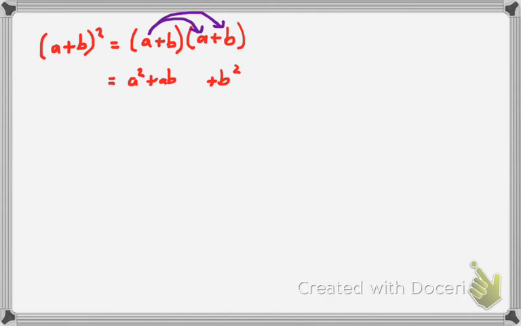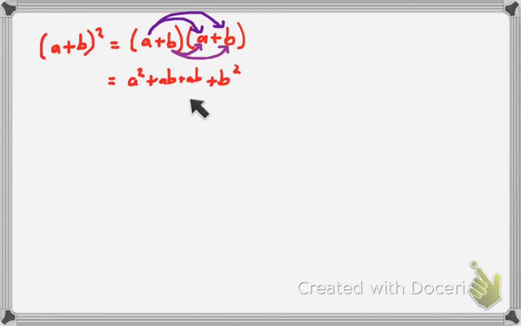And then whenever we distribute with the b from that first binomial, we have to multiply b times a, and that's going to give us another ab, right? B times a and a times b are the same thing, so we'll get plus another ab. And then, of course, finally, you do multiply b times b and get b squared, but you don't simply get a squared plus b squared.